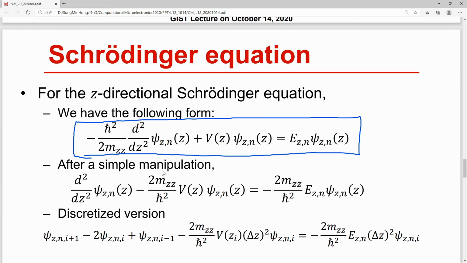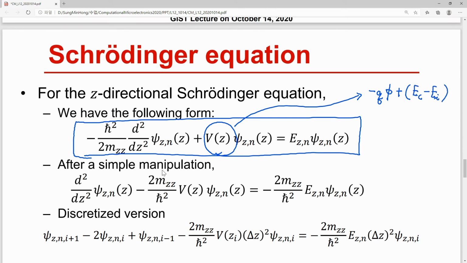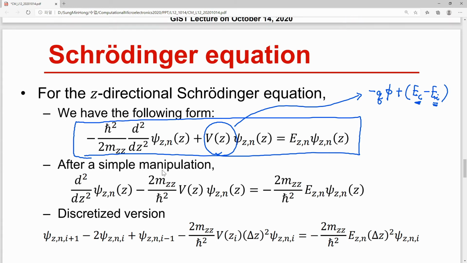However, now we can have a general potential, which once again is given by minus q phi plus certain constants, corresponding to the energy difference between the conduction band and the intrinsic Fermi level. Okay, so this is the equation.